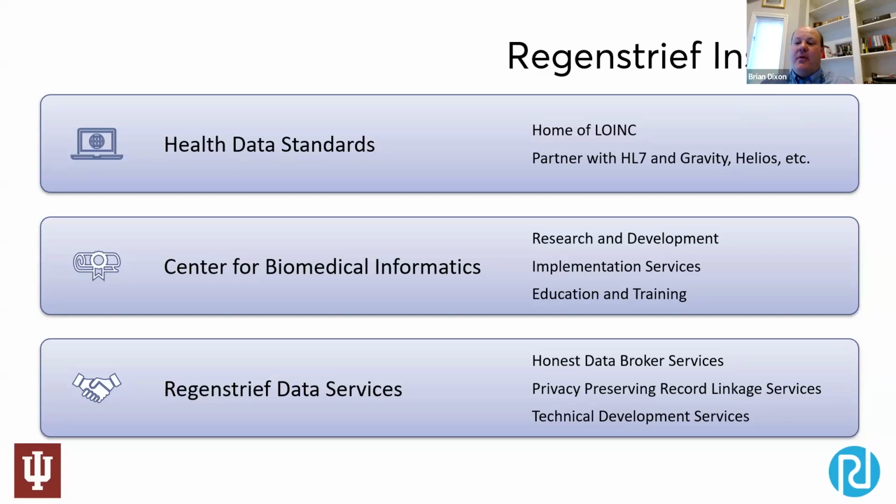We also operate privacy-preserving record linkage services, or PPRL services, for national efforts like the NC3, which is a national research network that got started during COVID and now is much broader than that in the US. And then we also offer technical development services. We have engineers and other technical folks who develop applications in dentistry and medicine and other areas.